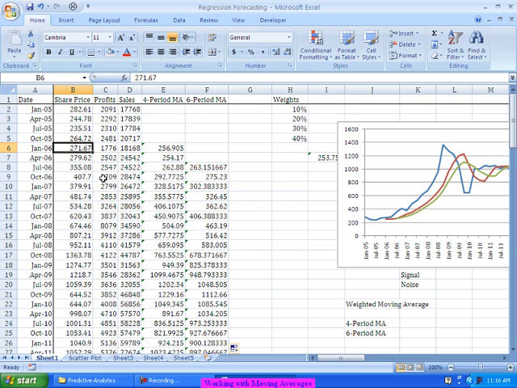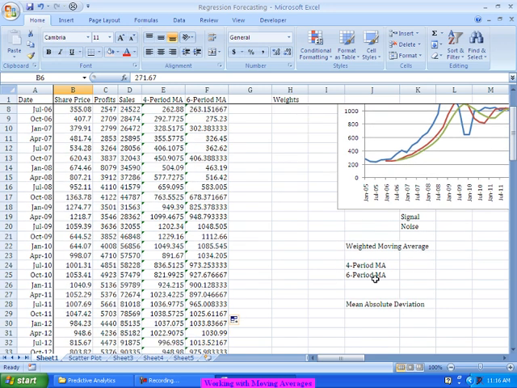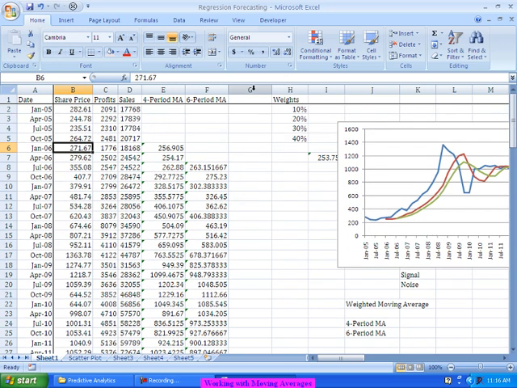And the selection of whether I should go with a 4 period average or a 6 period average should stem from whichever has the least absolute deviation; I prefer that one. So from that standpoint, I am looking at mean absolute deviation.